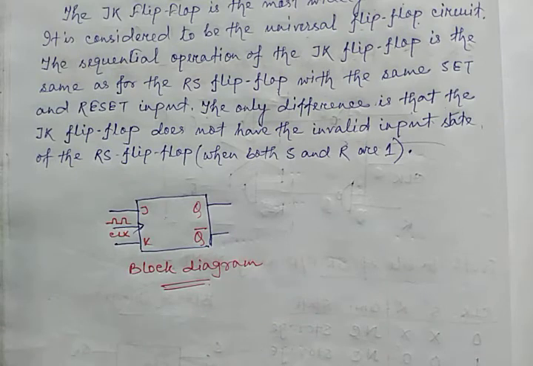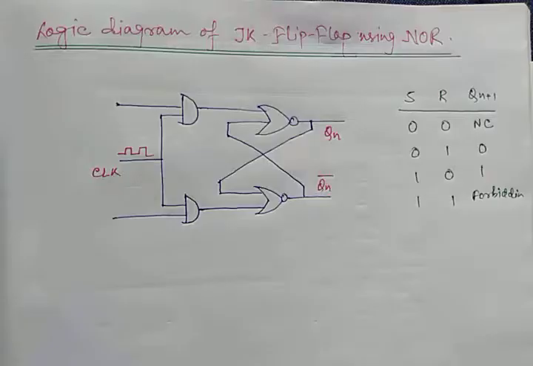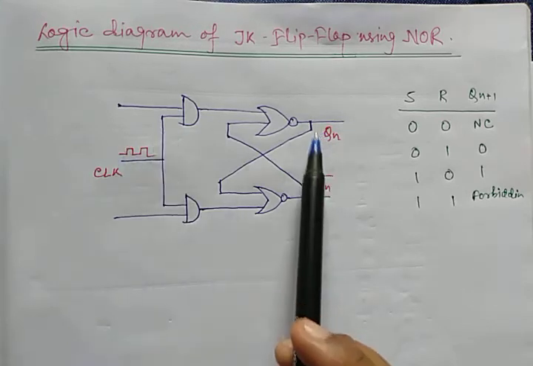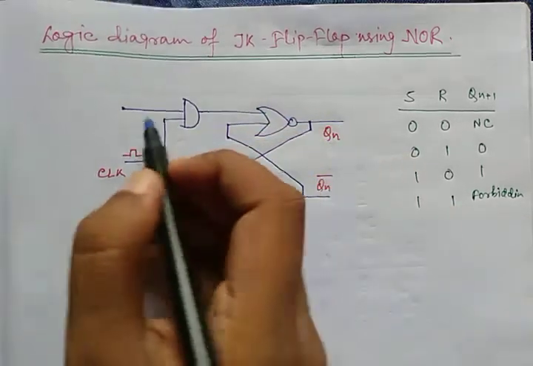Now let us learn the logic diagram, and with the logic diagram we should learn the truth table of JK flip-flop. Now this is the logic diagram of SR flip-flop.